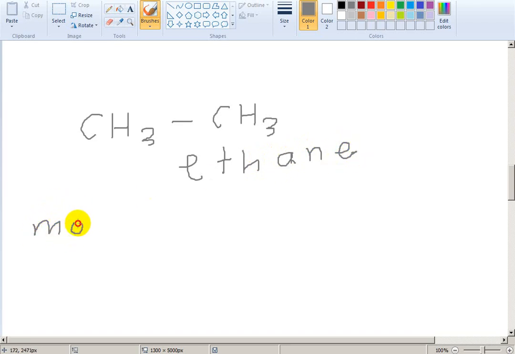The molecular formula is the total number of all atoms. How many carbons here? 2 carbons, 1 and 2. Carbon number is 2 and hydrogen number 3 and 3, 6.